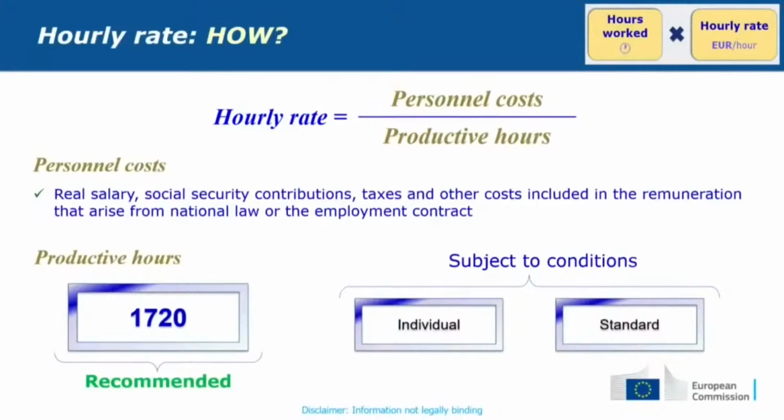And you also can calculate it person per person, taking into account the number of hours that the individual person worked during the year. We put these 2 options there, they are also open. They are subject to conditions. If you prefer not to use the 1720, please check carefully how and under what conditions you can use one of the other 2 options.